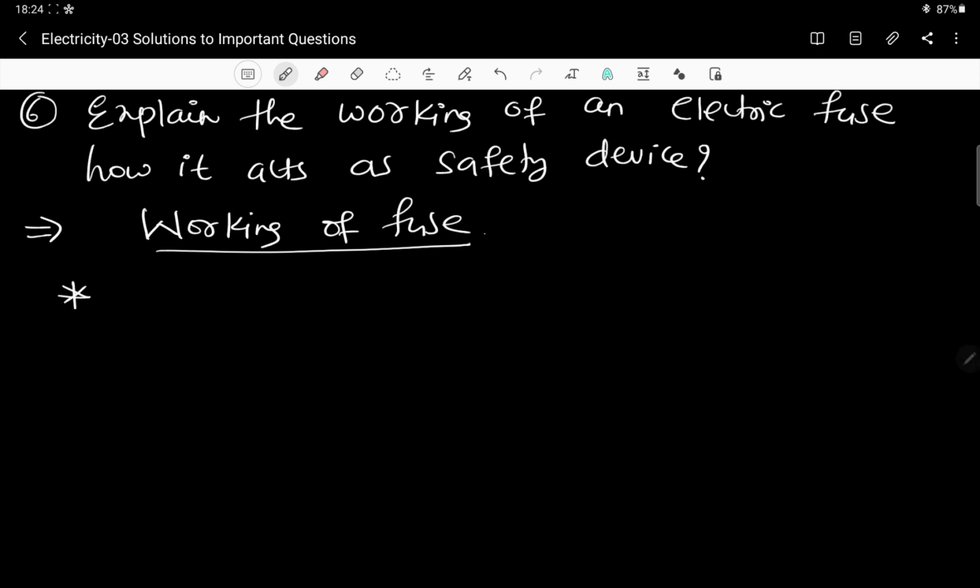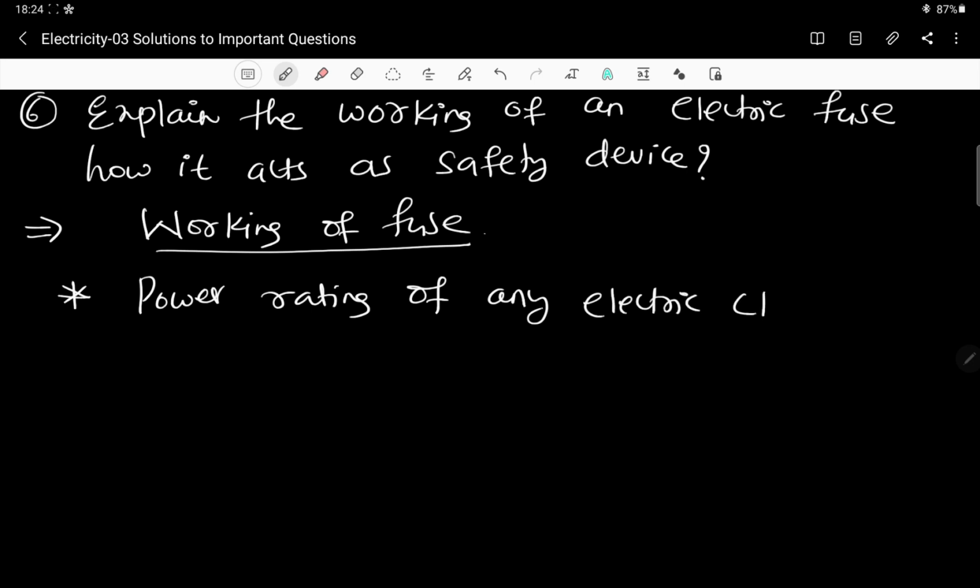But how this fuse works: every home has some power rating. The power rating of any electric circuit is fixed. For example, you can take the power rating to be 1 kilowatt, just an example. 1 kilowatt means 1000 watt.